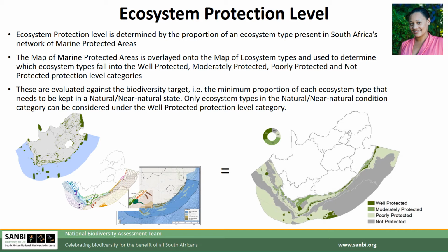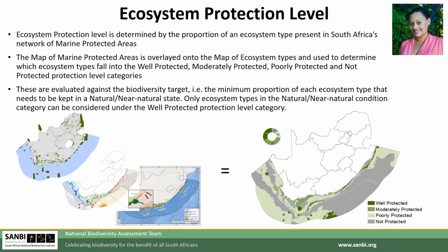Ecosystem protection level is determined by the proportion of an ecosystem type present in South Africa's network of marine protected areas. An ecosystem protection level is our second high-level indicator. The map of marine protected areas is therefore overlaid onto the map of ecosystem types and used to determine which ecosystem types fall into the well-protected, moderately protected, poorly protected, or not protected categories for protection level.